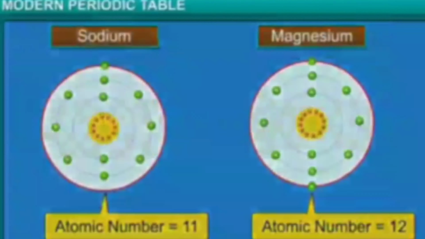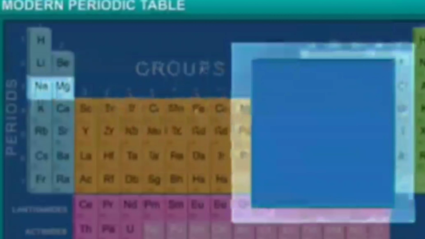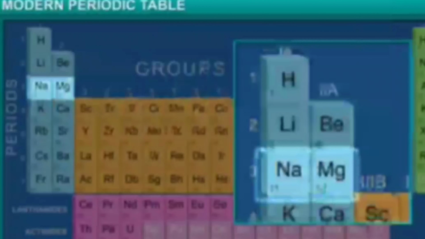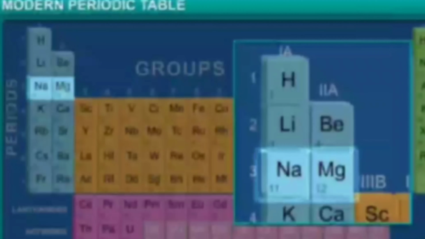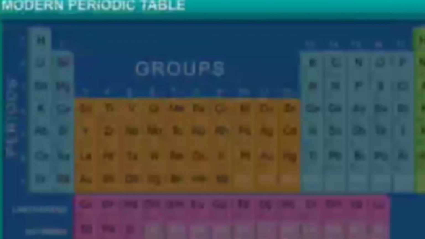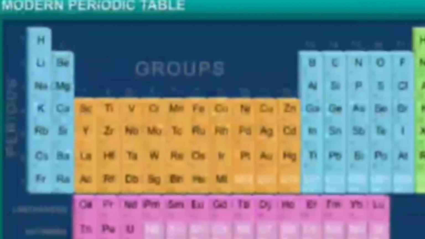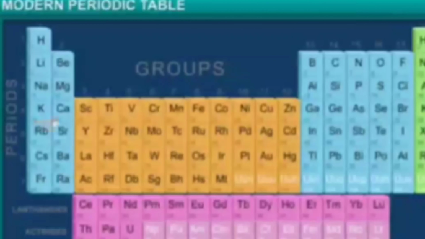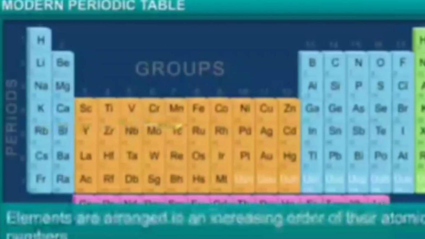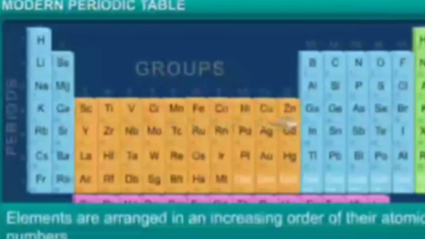So sodium has 11 and magnesium 12. That's why sodium is placed before magnesium. So we may say in the modern periodic table, the elements are arranged on the basis of increasing atomic number.